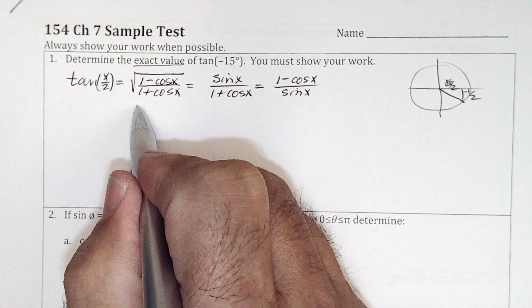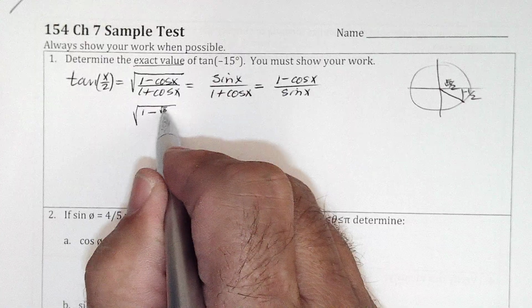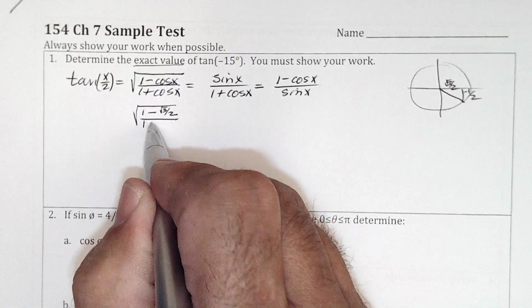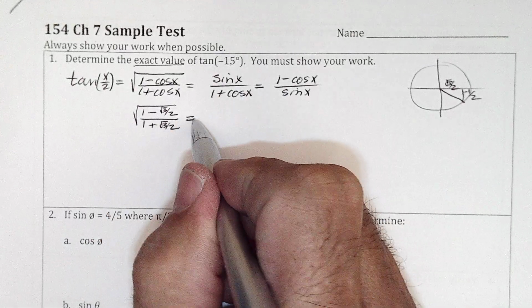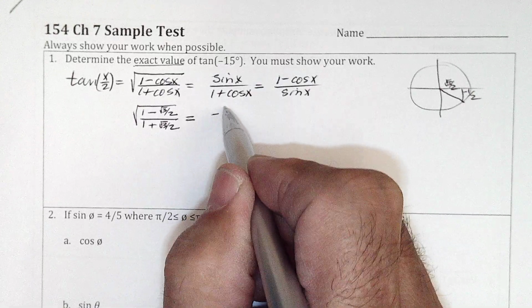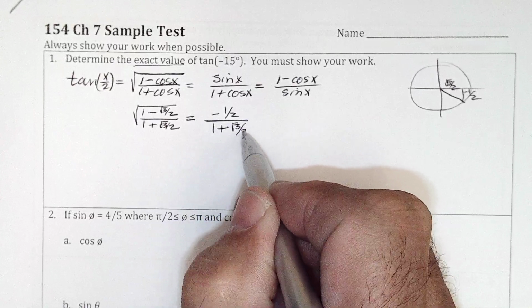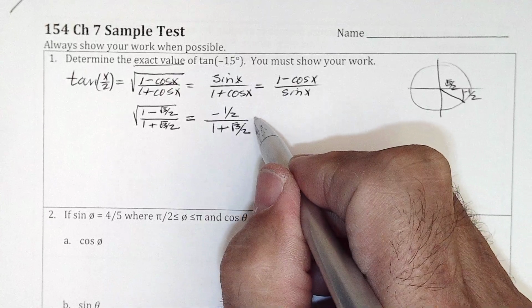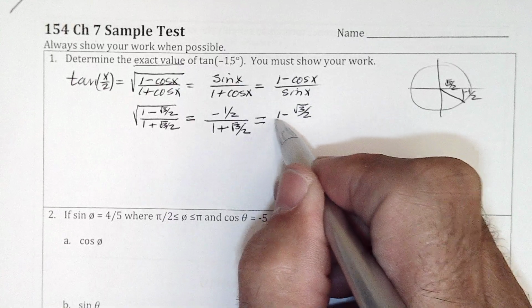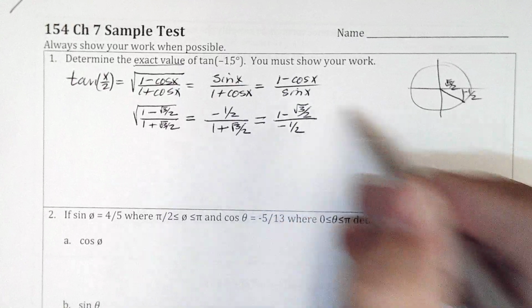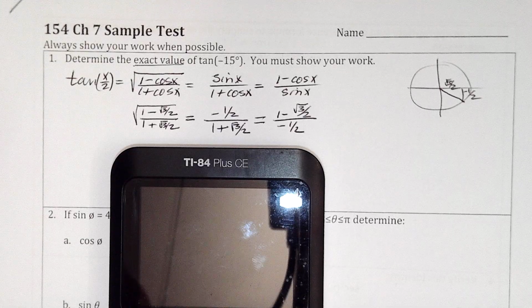So I'd get the square root of 1 minus square root of 3 over 2 over 1 plus the square root of 3 over 2. I could work that out, or I could work out the sine, which is negative 1/2 divided by 1 plus the square root of 3 over 2. Or I could do 1 minus the square root of 3 over 2 over minus 1/2. And they all should come out to be the same answer. Let's kind of check that.